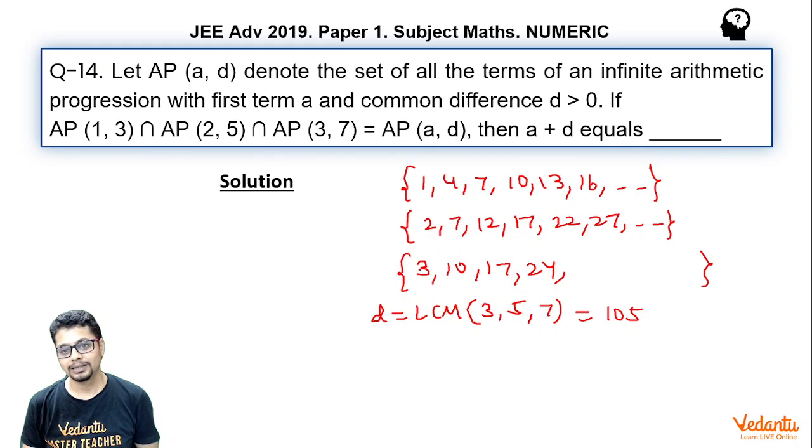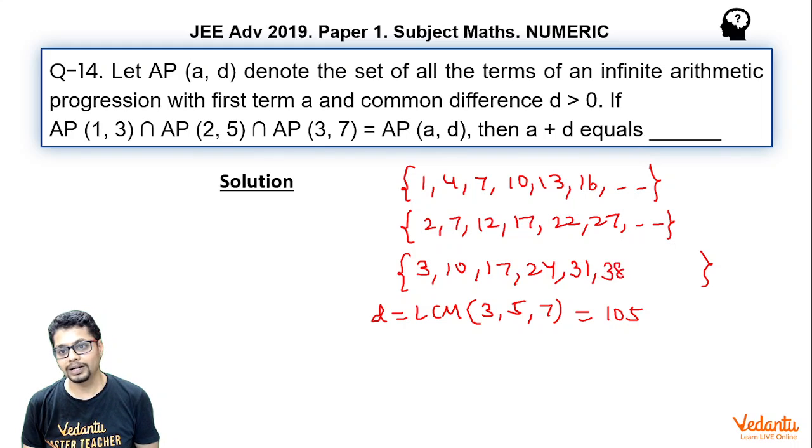So let's see. When 3 is divided by 3, remainder is not 1. When 10 is divided by 3, remainder is 1, but when divided by 5, remainder is not 2. 17 divided by 3, remainder is not 1. 24 divided by 3, remainder is not 1. Next we go for 31. When divided by 3, remainder is 1, but when divided by 5, remainder is 1, but we want 2.